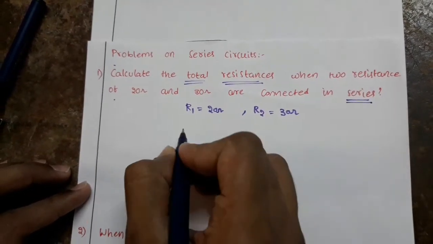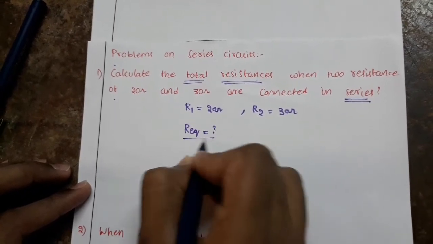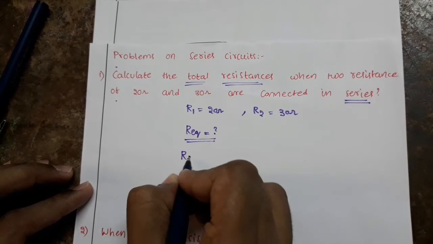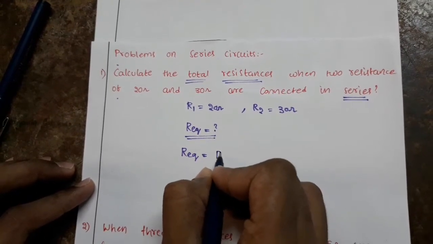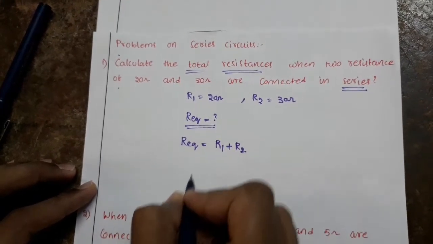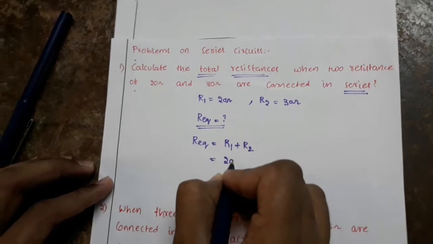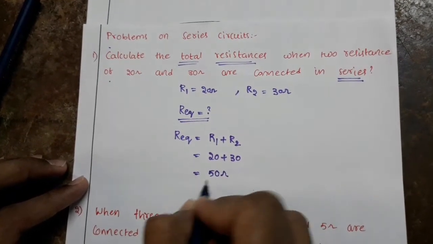So we have to find R equivalent. We know R equivalent in series equal to sum of the individual resistances. Therefore, R equivalent equal to R1 plus R2. From this we will get 20 plus 30, that is equivalent to 50 ohms.